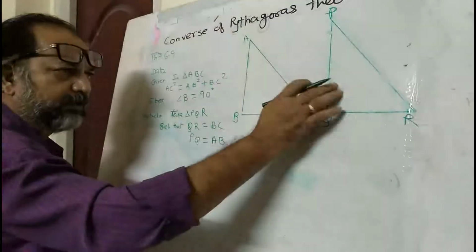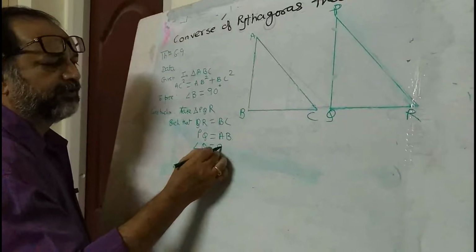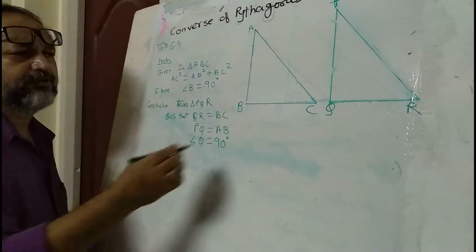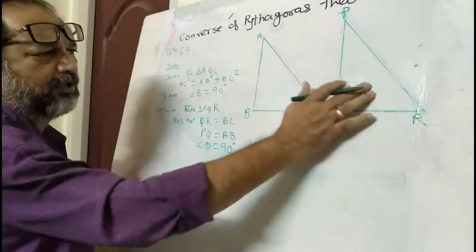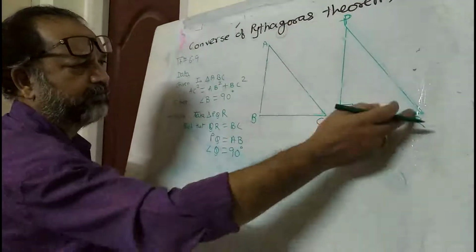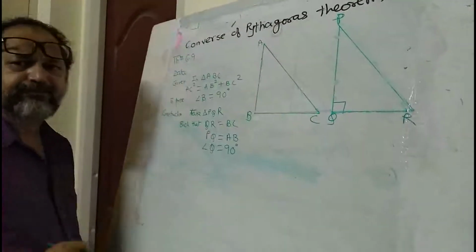And in this triangle, additional thing is angle Q is equal to 90 degrees. It's given. Angle Q is 90 degrees. You will mark it. You are given that this is a triangle where PQ, QR are same as AB, BC, and this angle is 90.